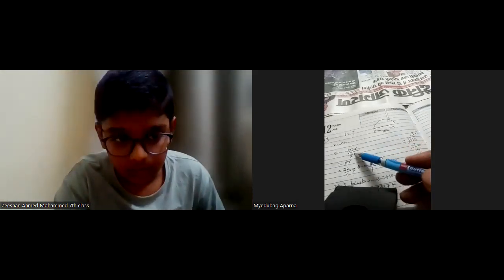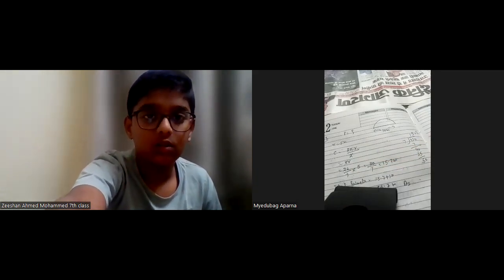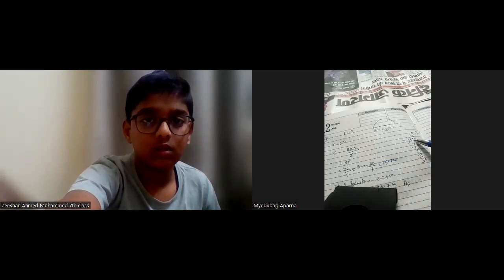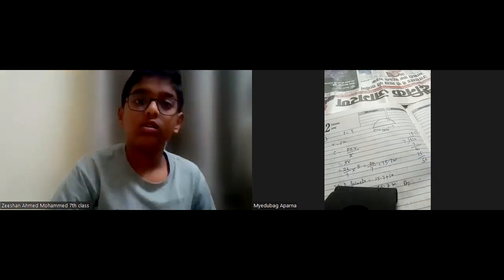So 2 pi r divided by 2. 2 and 2 will be cancelled. So only pi r is left. Semicircle circumference is pi r only. Okay. Pi value is 22 upon 7 multiplied by r 5. So 22 into 5, that is 110 divided by 7. So as you will solve, this is coming 15.7.